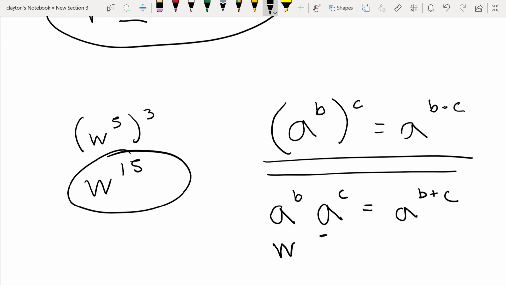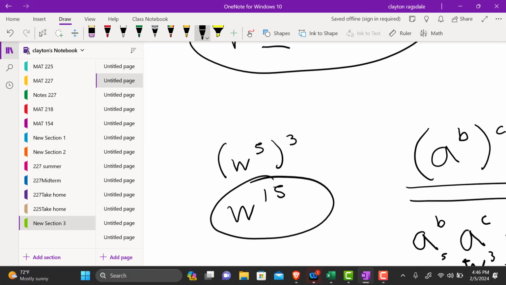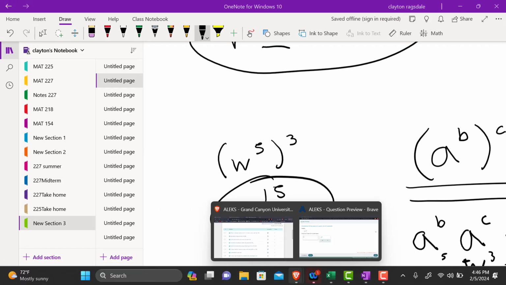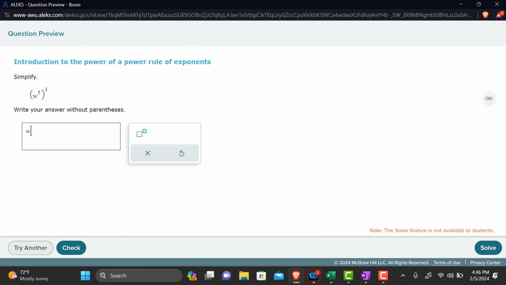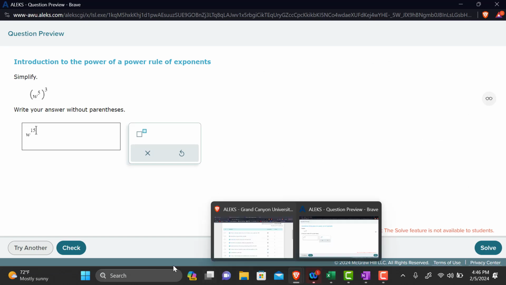Let's say w to the 5th, and let's pretend this is a w to the 3rd. This now becomes w to the 5 plus 3, or w to the 8th. But that's not what this problem is about. I'm just showing you this other property in case it comes about. It shouldn't in this problem, though. So we have w to the 15th, right, just multiplying those numbers together.